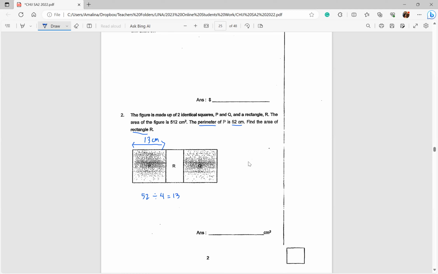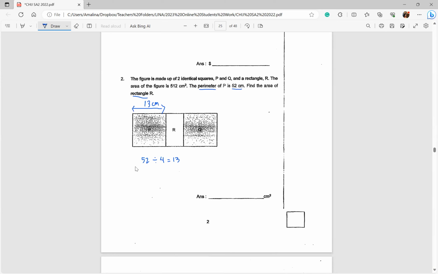Once I get the side of my square, I can find the area of square P: 13 times 13, which means the area will be 169.